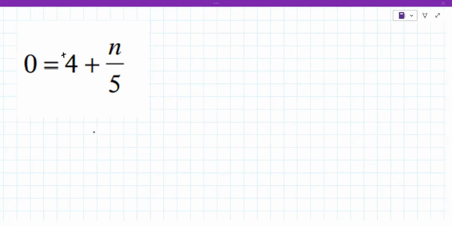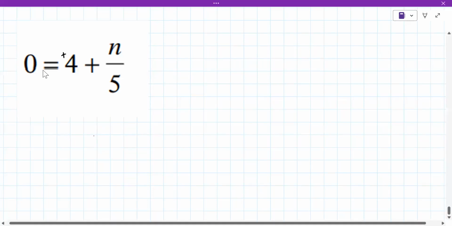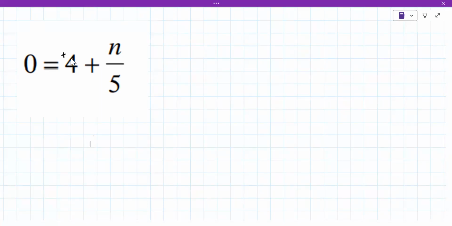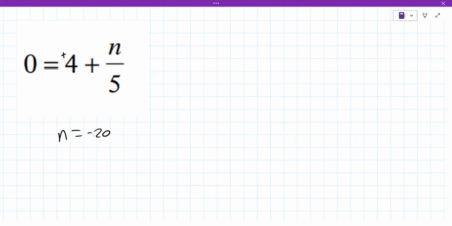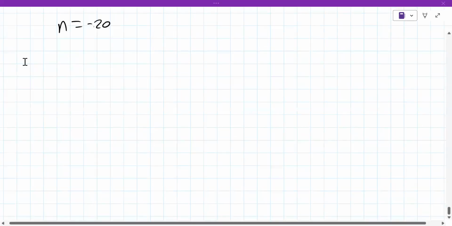Close. Try again. What did you do to undo the plus 4? Oh, wait. There's a minus sign. -20? And it's -20. Very good. This is really good practice. I think you're seeing all the variations we've talked about.